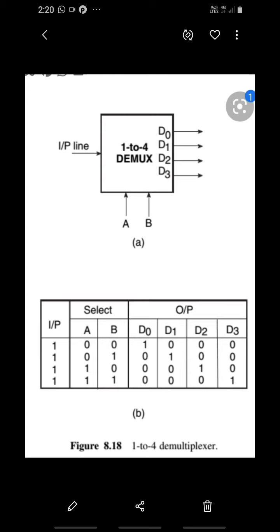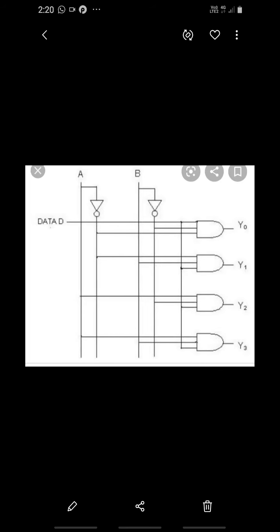So by using these outputs, we can draw the logic diagram of the 1 into 4 demultiplexer. Here the data input is D and the selector lines are A and B, and from the selector lines we can complement both lines with a NOT gate.